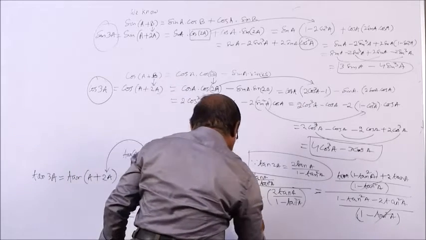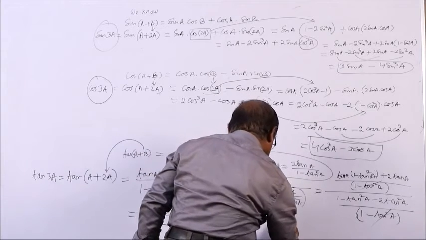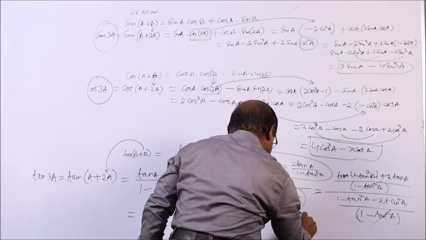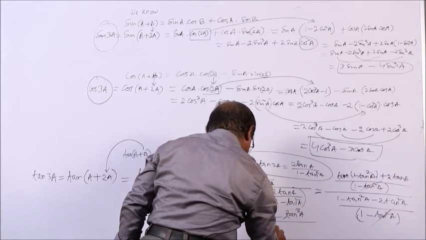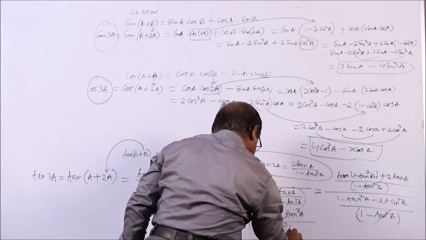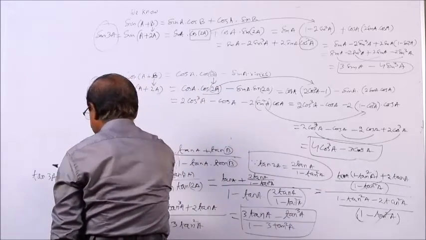This becomes 3 tan A minus tan cube A by 1 minus 3 tan square A. This is the derivation of tan 3A, right.